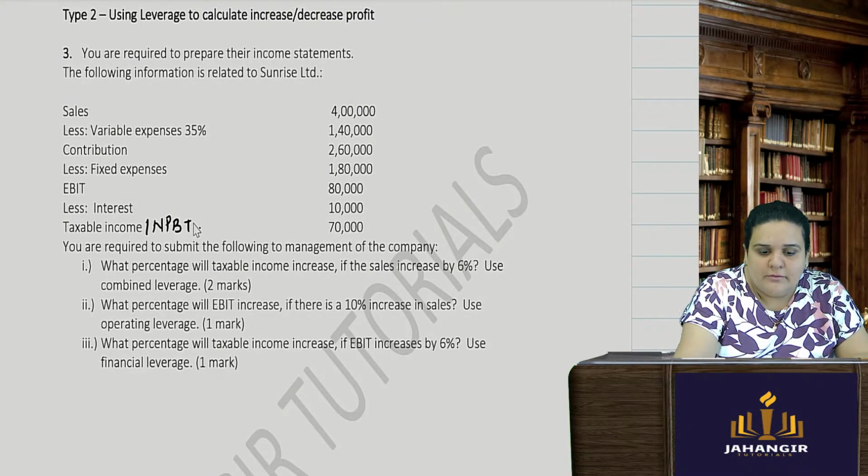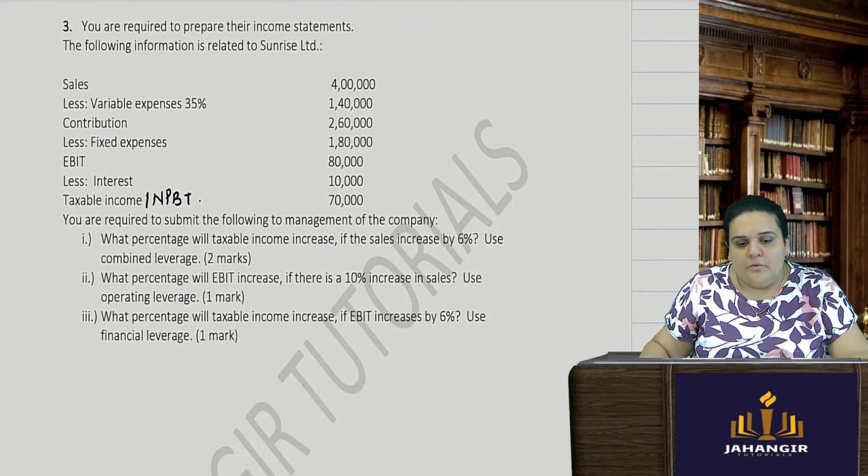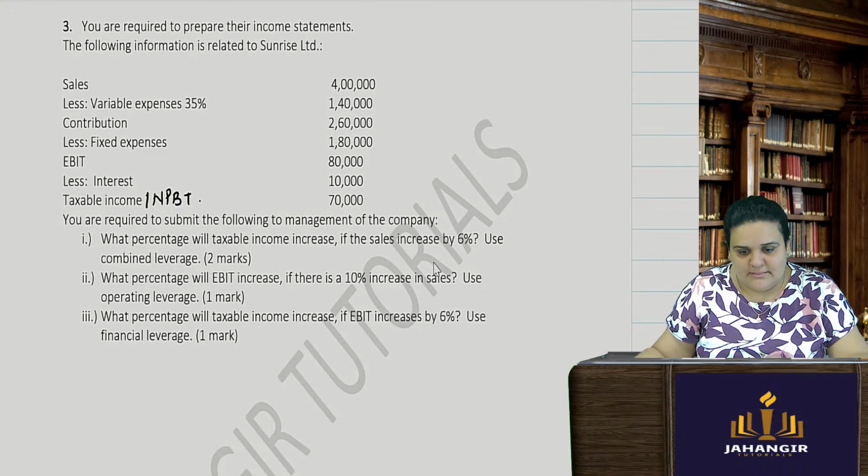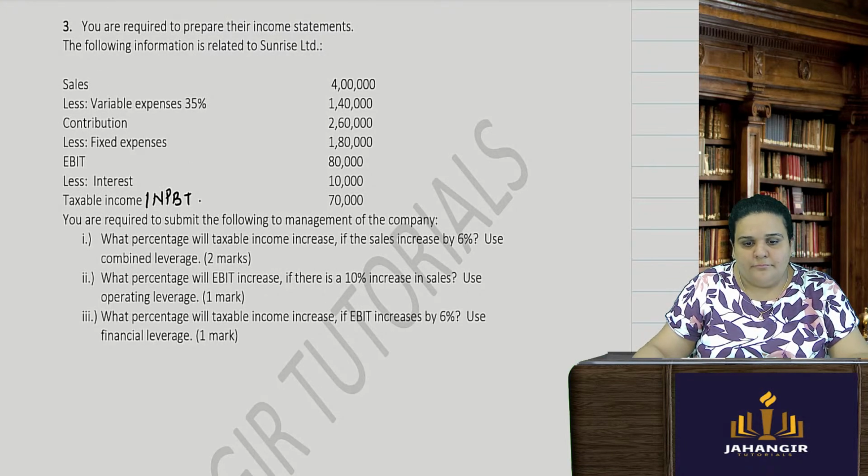Now they are saying you are required to submit the following to the management. What percentage will taxable income increase if the sale increases by 6%? They are asking us the relationship between sales and the taxable income.